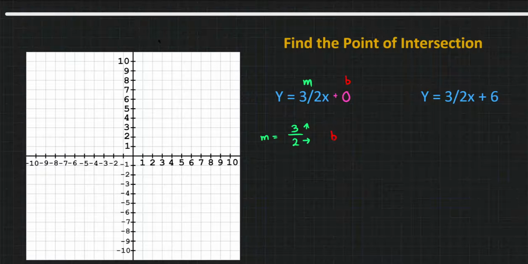And I'm going to begin at 0. So there we go. Beginning at 0 and moving up 3 over 2. Up 3 over 2. Up 3 over 2. Until I can get a nice, straight, beautiful line, like so.